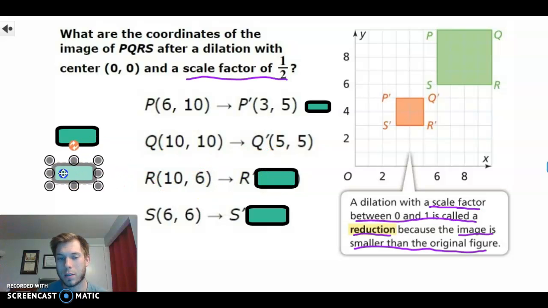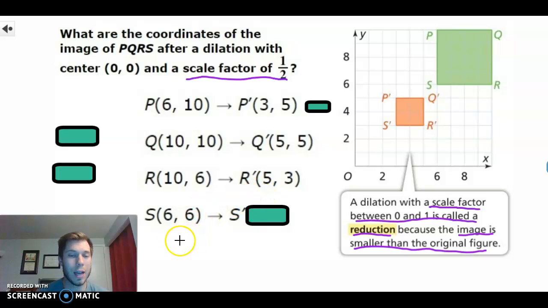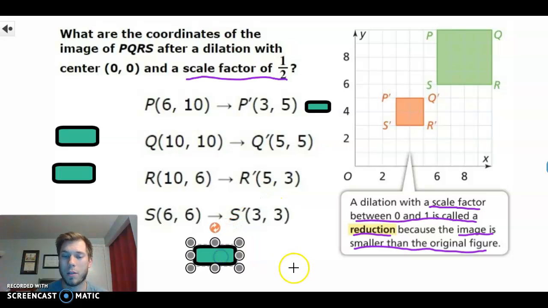So R prime is 5, 3. And our last one here, we have S, ordered pair 6, 6, multiplied by a scale factor of 1/2. 6 and 6 multiplied by 1/2 is 3. So you get 3, 3 as your final ordered pair.